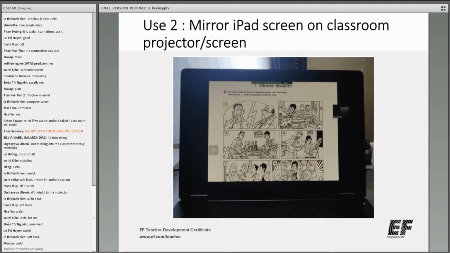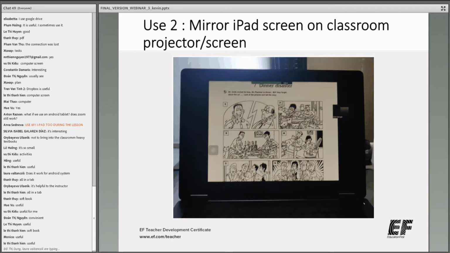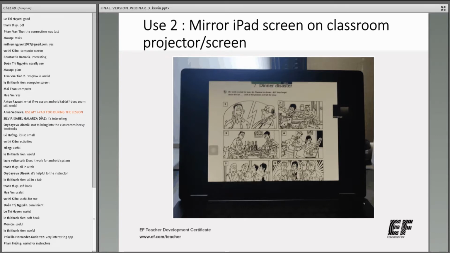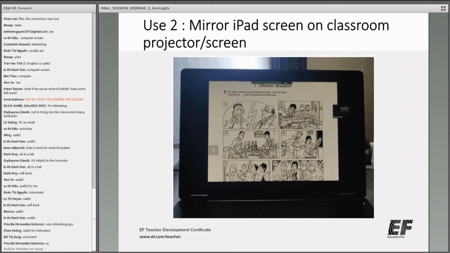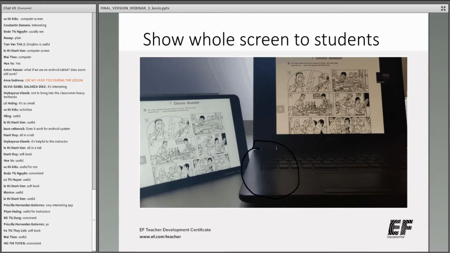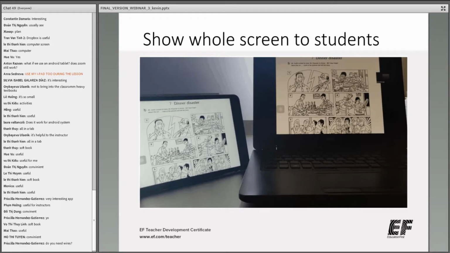So let's say that we are speaking about food, and I'm running a lesson called Dinner Disaster, which involves these pictures that tell a story. I can do it in multiple ways. If I want to use technology, what I would do is that I would mirror my iPad screen to the classroom television.